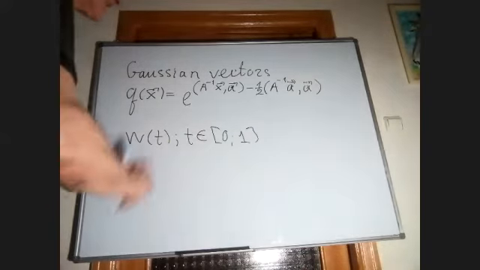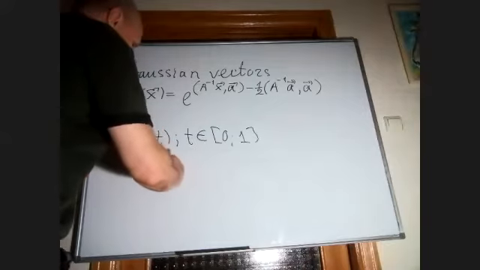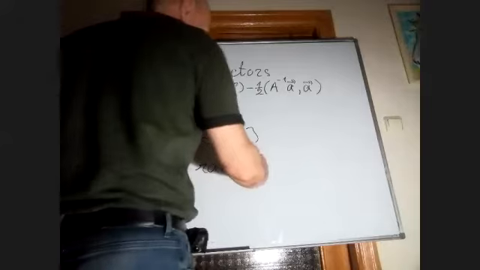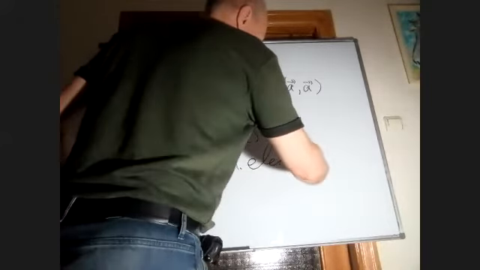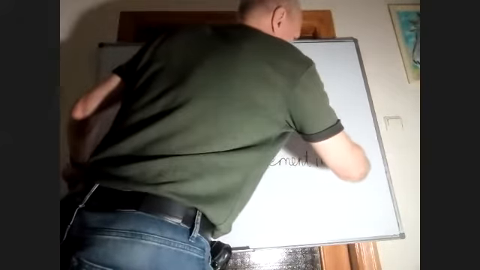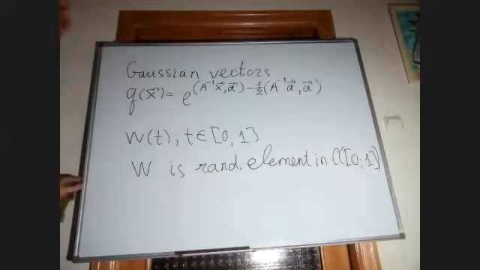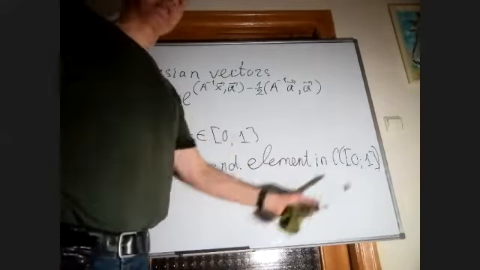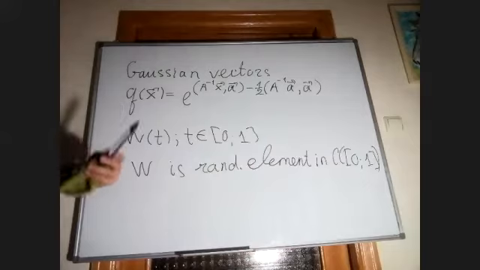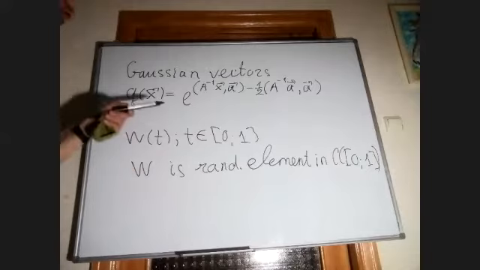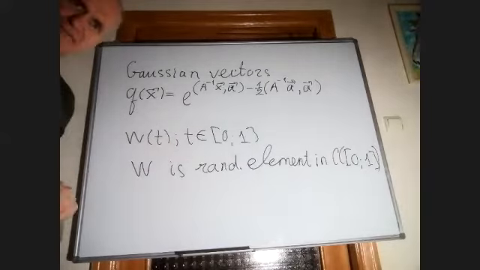So I can say that W now is a random element in C[0,1]. You see, more or less the same. C[0,1] is exactly an infinite dimensional space, a Banach space. And of course, this is a Gaussian random element in this space.